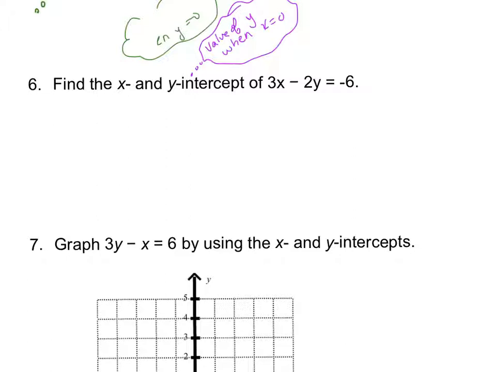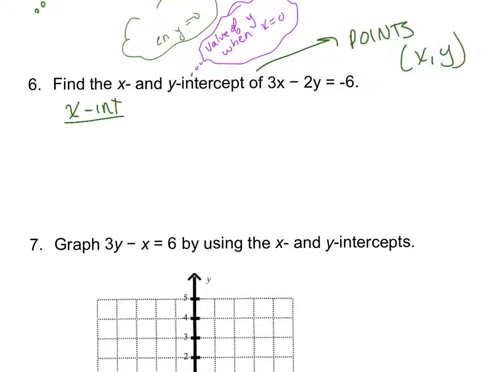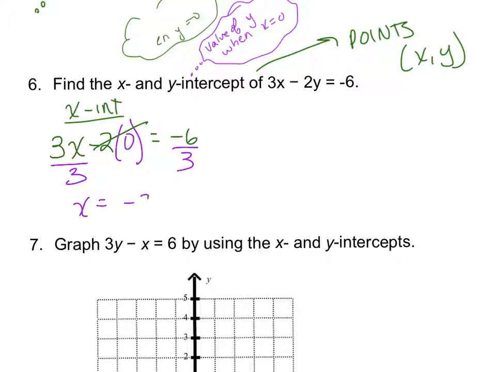So, to get the x-intercept, I'm going to plug 0 in for y. So the x-intercept is, again, remember, it's a point. Intercepts are points. So you're going to have an x comma y answer. X-intercept, the value of x when y is equal to 0. That cancels out. Divide by 3. X is equal to negative 2. So the x value is negative 2.